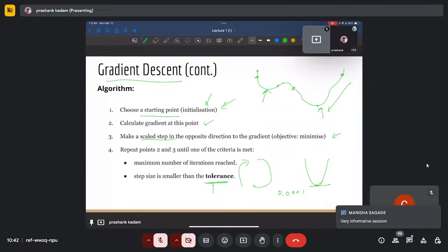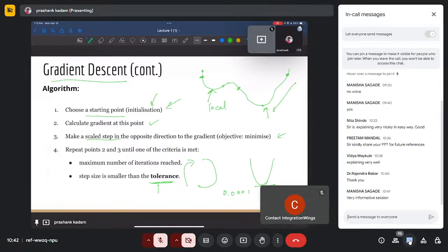For example, after running from this starting point, I came to this local minimum. After running from here, I came to this minimum, and finally, after all my iterations are complete, I choose the point which is the least. Of course this one is the least, so I deduce that this is my global minimum.